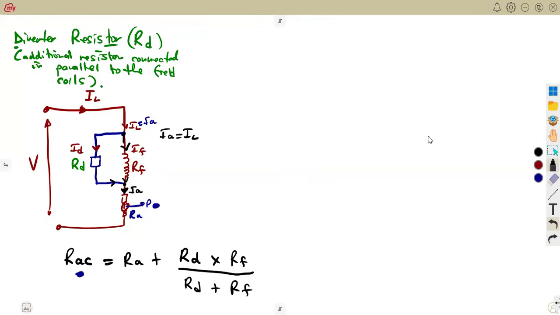As I said, the additional part that you also need from this diverter combination, let us just have some additional notes here.